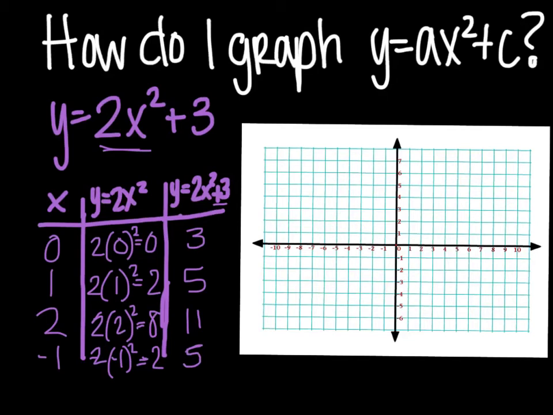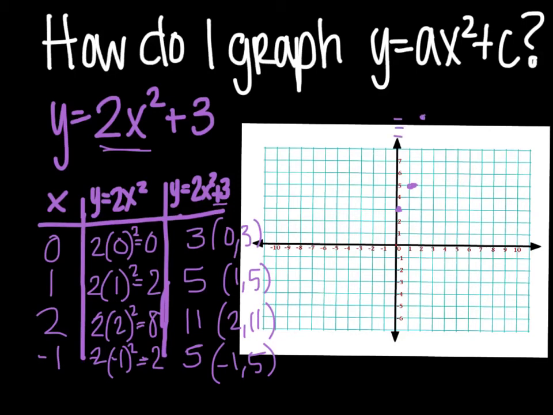And now I can plot those points. So my coordinates would be 0, 3, 1, 5, 2, 11, and then negative 1, 5 would be my points. We'll plot these first. So 0, 3, 1, 5, 2, 11, and I'm kind of running out of space, but we'll make it up here.